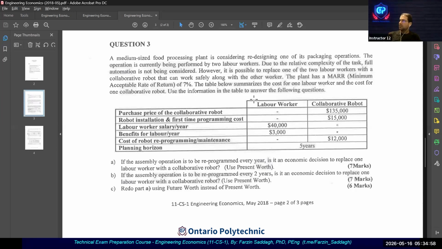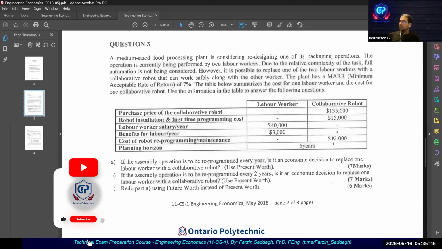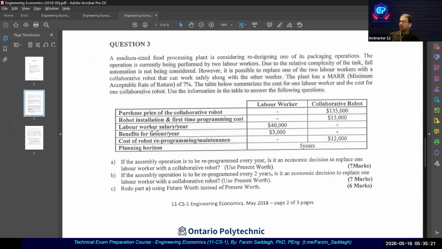Labor worker, just one. The purchase price for the robot is 135K. Installation is this. And finally, the cost of robot reprogramming and maintenance is 12,000. For the worker, salary per year is 40 and the benefit for labor is 3,000.